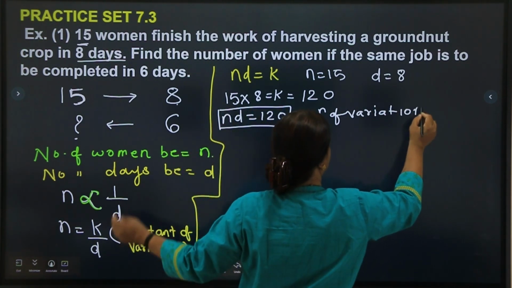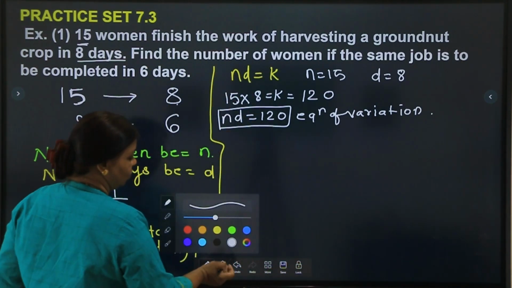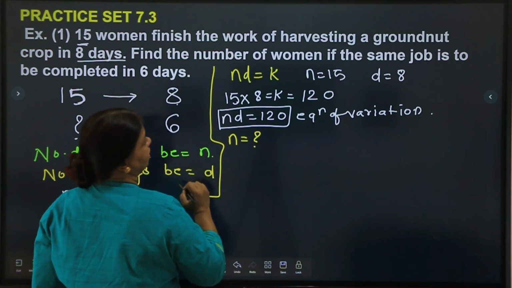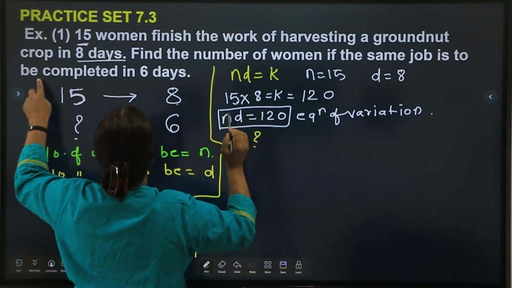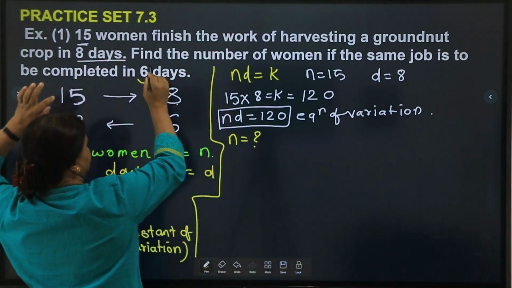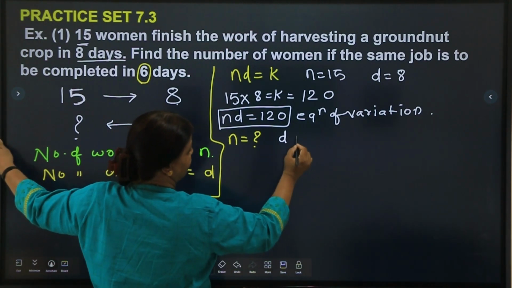Now, further find the number of women. We want to find out n if the number of days in which the harvesting job is to be done is 6. So, here the number of days is 6.